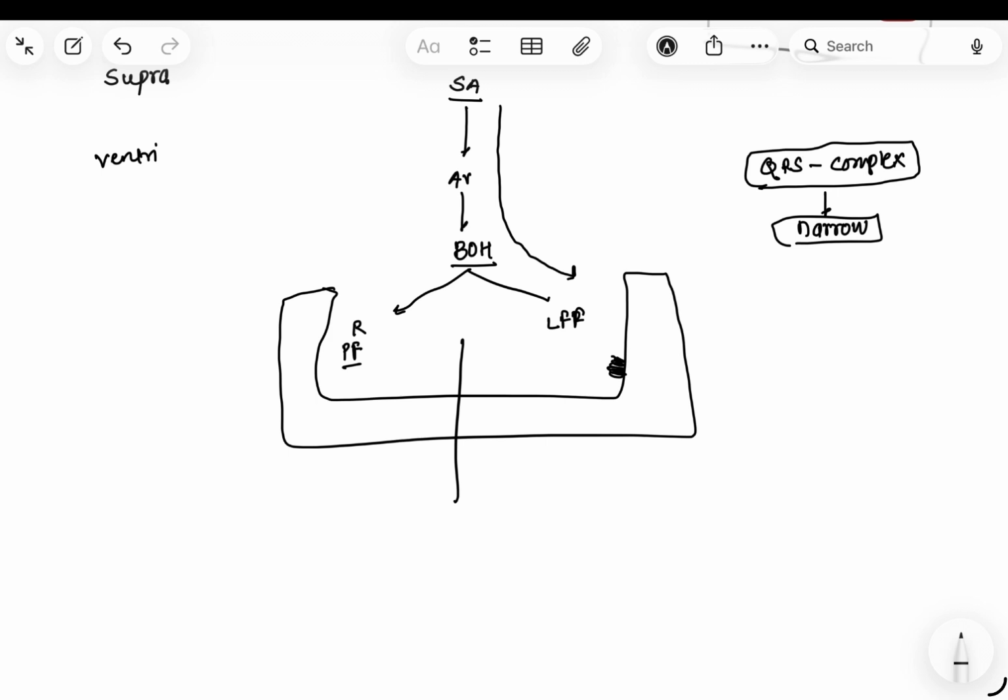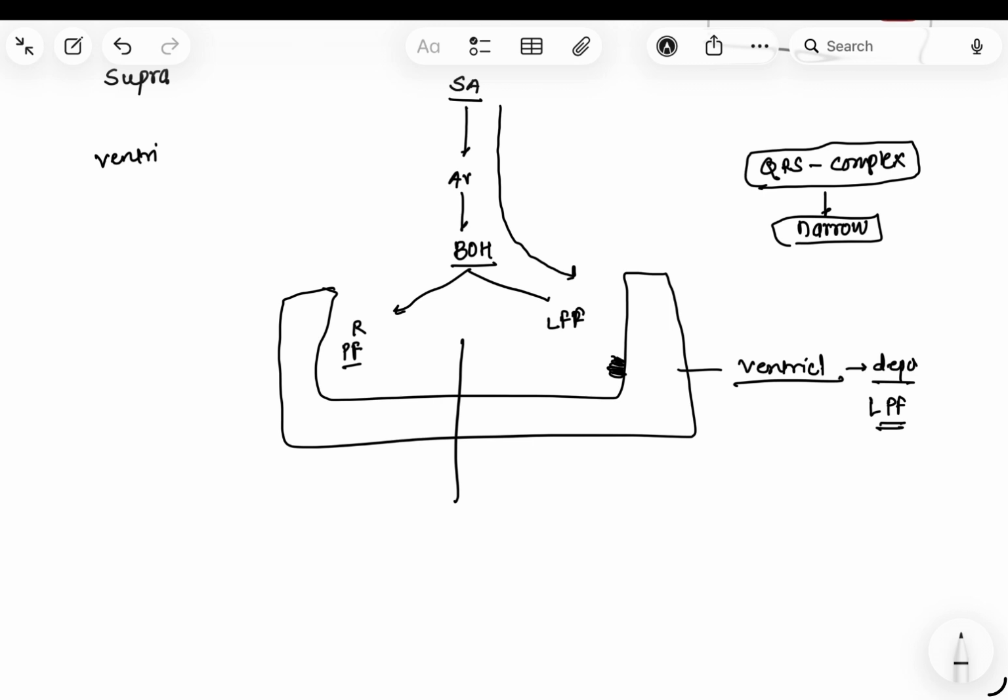Because normally if the tachycardia follows this route from SA to AV to bundle of His and Purkinje fiber, then the ventricle will depolarize through the left Purkinje fiber, or just the Purkinje fiber. To depolarize this ventricle, the Purkinje fiber takes very little time.